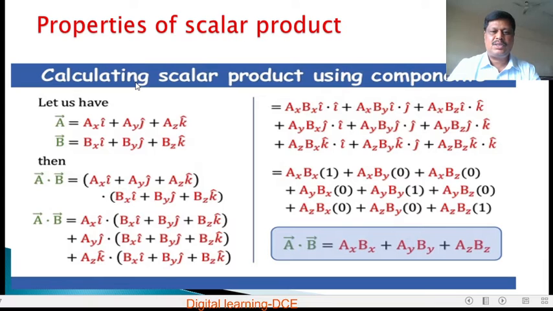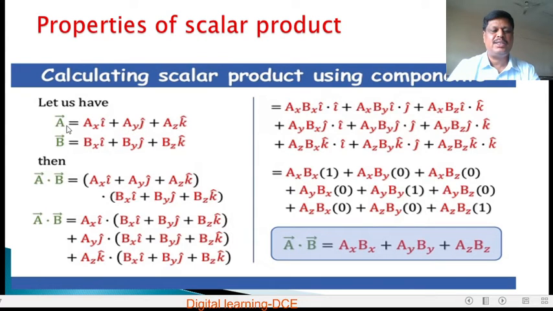Now, the properties of scalar product: how you can calculate the scalar product using the components. Suppose a vector A is represented by its components along i, j and k direction. Let Ax be the component of the vector A along x direction, Ay the component of vector A along y direction, and Az the component of vector A along z direction, and i, j, k are the unit vectors along x, y and z direction.